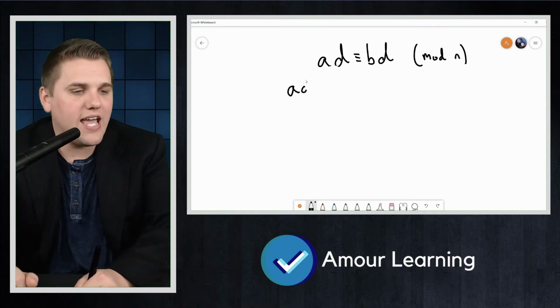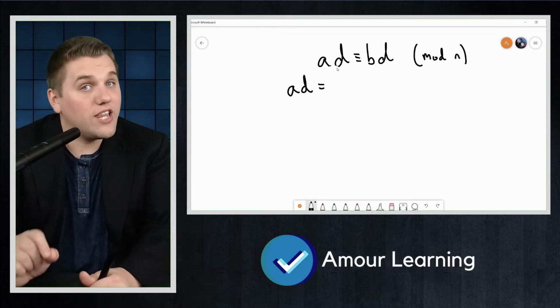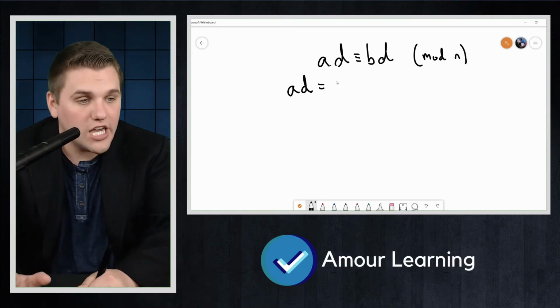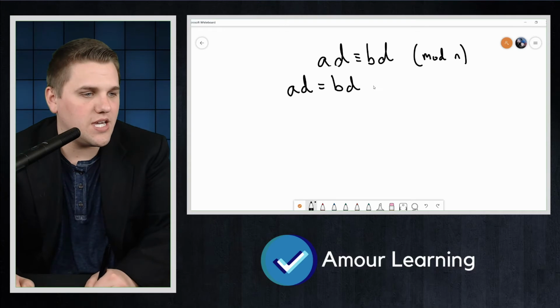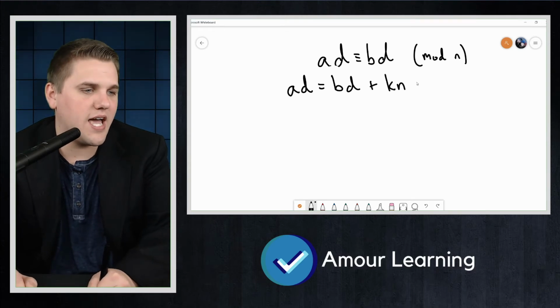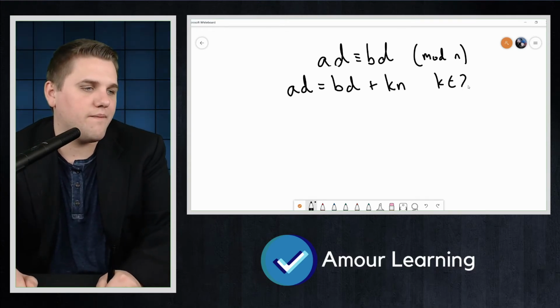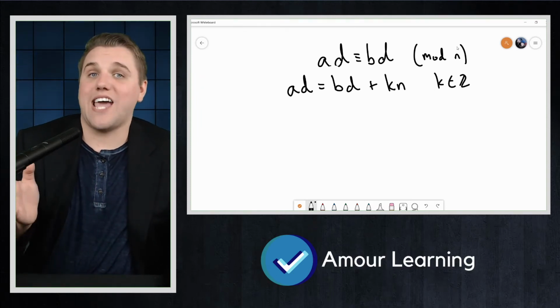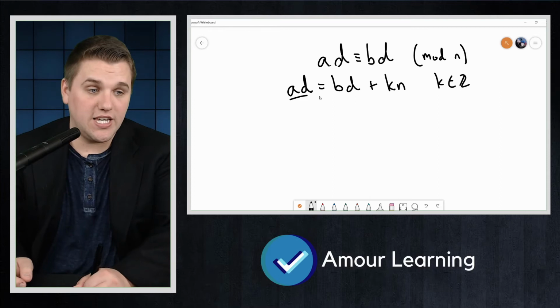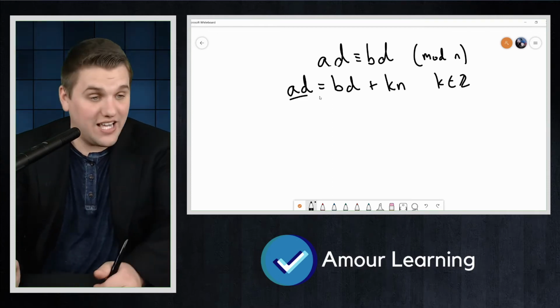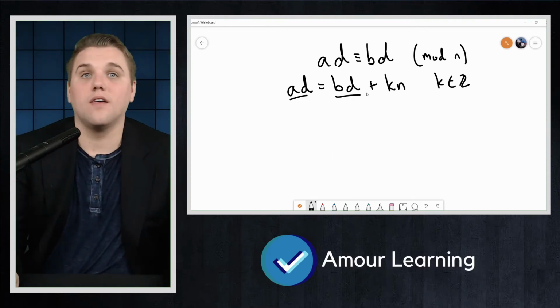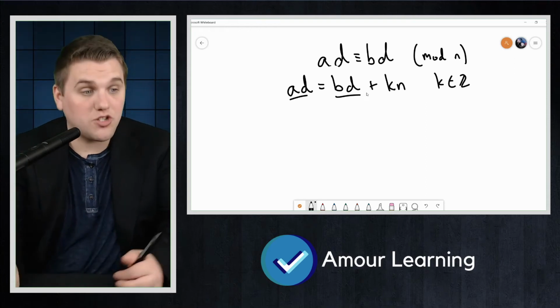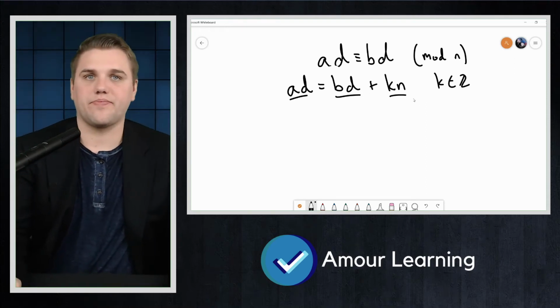That just means that AD literally equals, not congruent to, but is equal to B times D plus K times n for some integer K. Well, of course, A times D is divisible by D, as is B times D. So Kn must also be divisible by D.